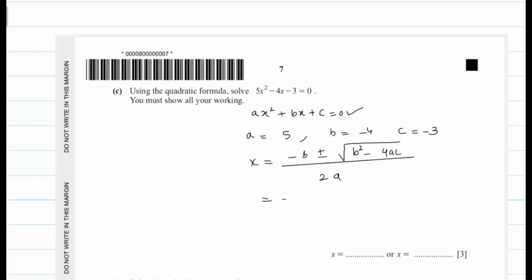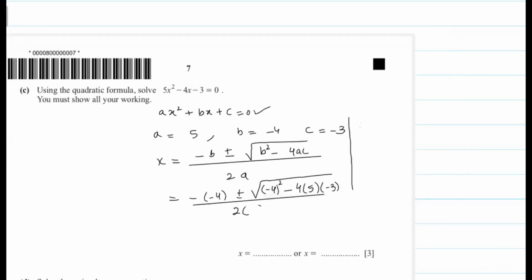Look here, b is minus 4, so minus b is 4, plus minus the square root of minus 4 whole squared minus 4 into a, which is 5, and c, which is minus 3, over 2 times a, which is 5, so 2 into 5. 16 plus 4 times 5 is 20, 20 times 3 is 60. Therefore, we write 16 plus 60, square root, over 10.